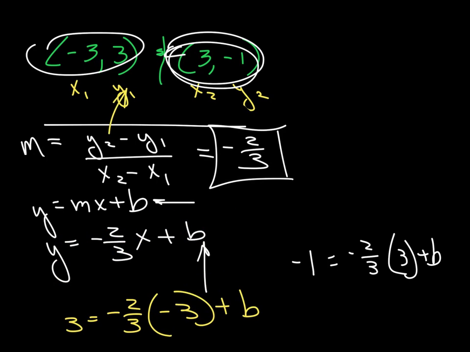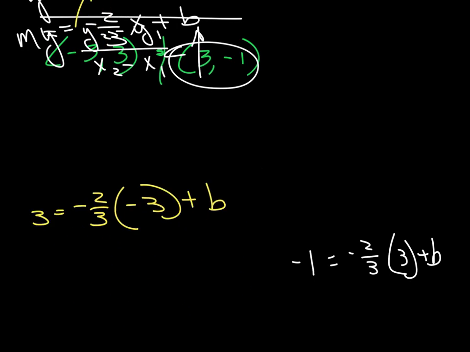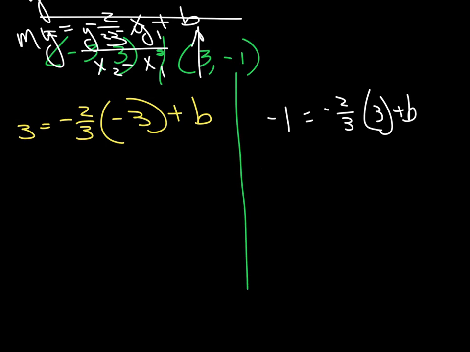Let's take all this and get it out of the way here. What we're doing here is using both of the points that we are given in the problem, just to show you that it doesn't matter which one you use, you're still going to get the same answer. This multiplied, -2 times -3 is +6/3 plus b.